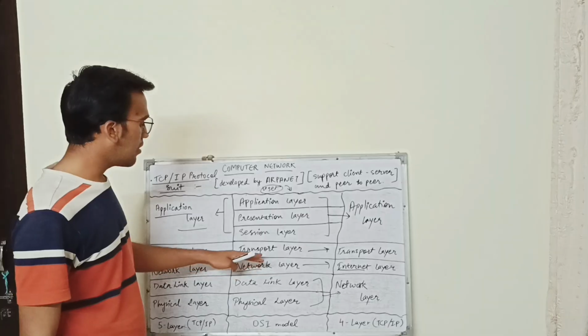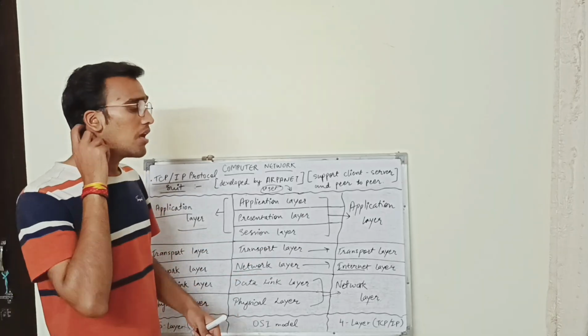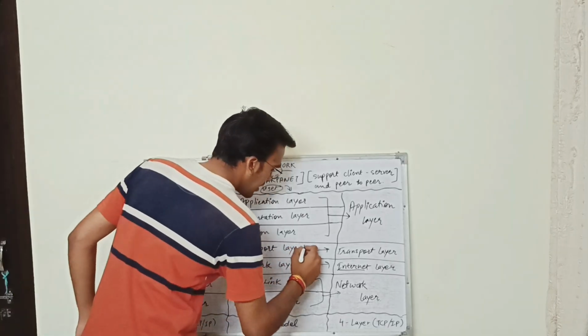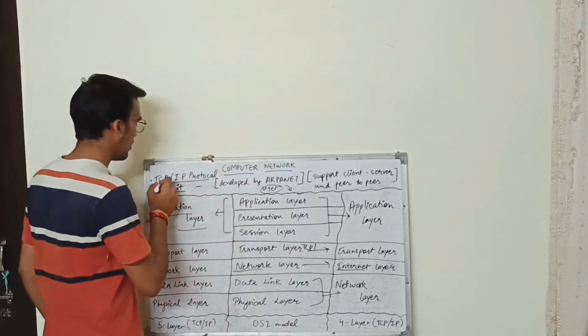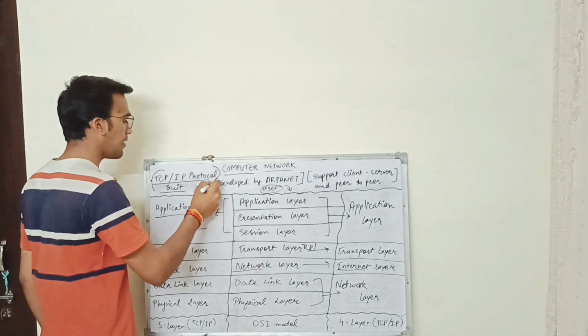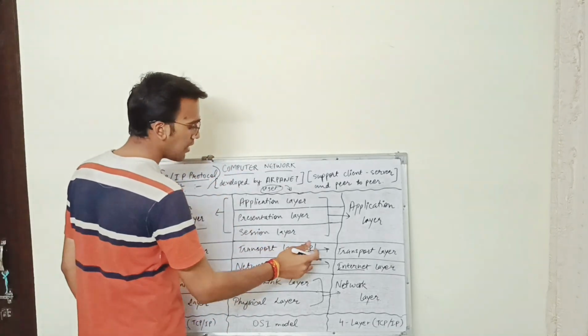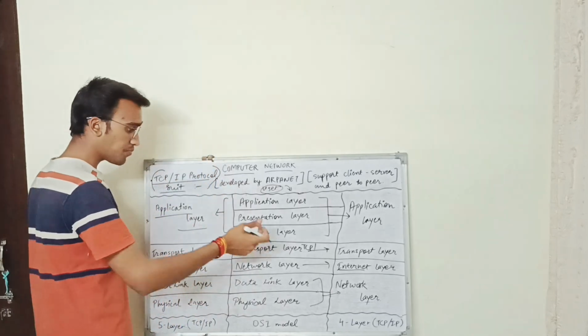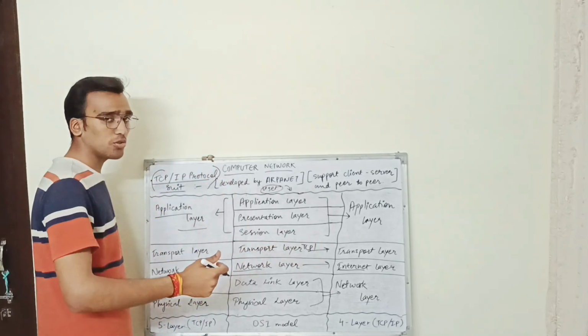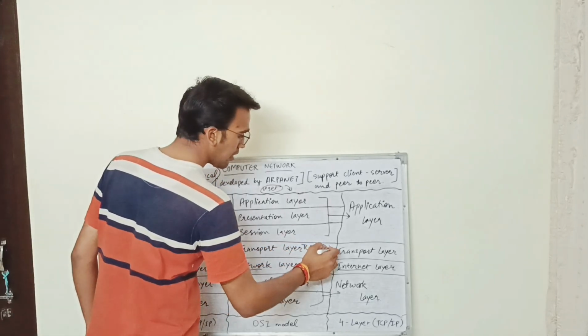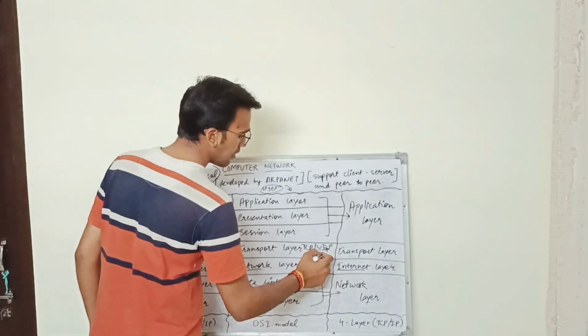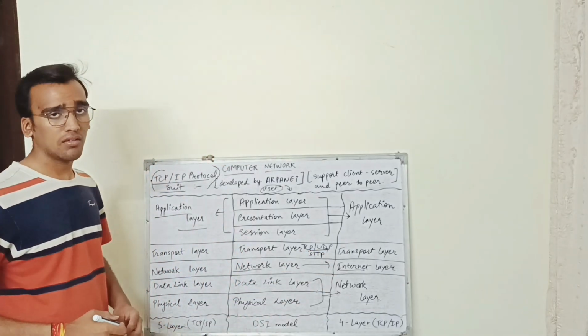Now in the transport layer, since we are talking about the TCP/IP protocol today, TCP, the Transmission Control Protocol, is used, along with UDP and others. These protocols are used to transmit the data.